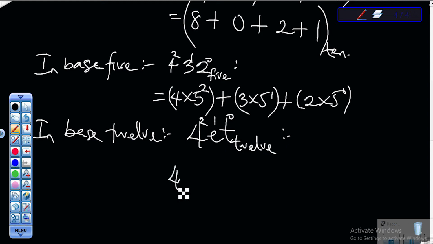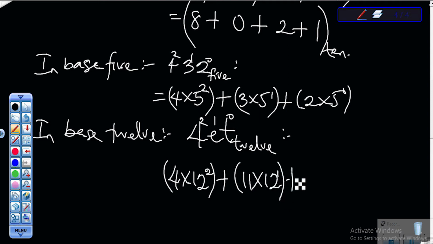This will give us 4 times 12 raised to power 2 plus what? E is standing for 11, so 11 times 12 raised to power 1 plus 10 times 12 raised to power 0. So your final answer should and must come out in base 10.